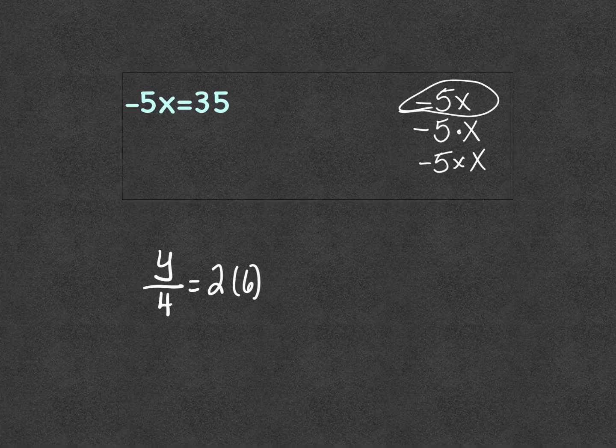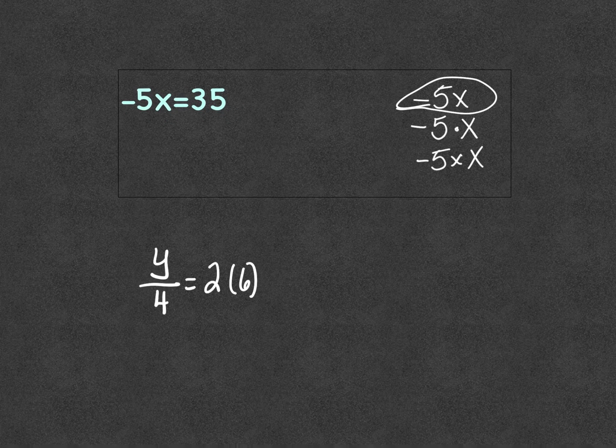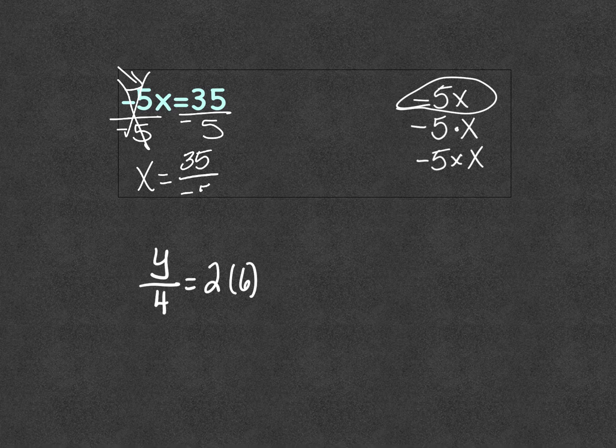So what is the opposite of multiplication? Well, that would be division. So I'm going to divide both sides by negative 5, and you take the negative with you. That's going to cancel. x is going to equal 35 over negative 5.